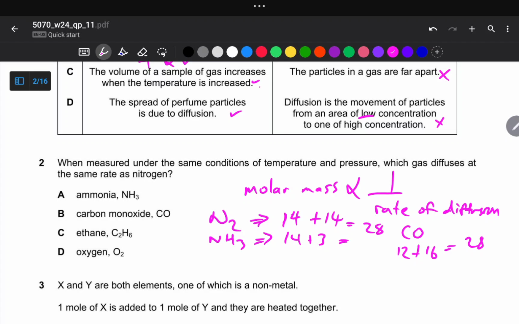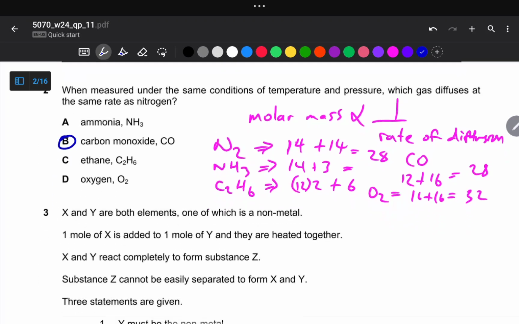So we go on to calculate for ethane, C2H6. So it's 12 by 2 plus 6. So this one is not equal to 28, right? So for the oxygen molecule, it is 16 plus 16, which is equal to 32. So this makes our correct answer B.